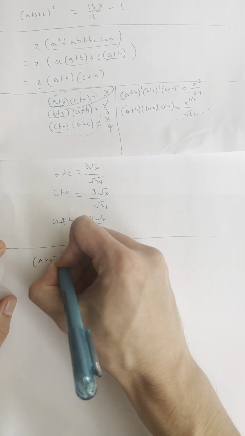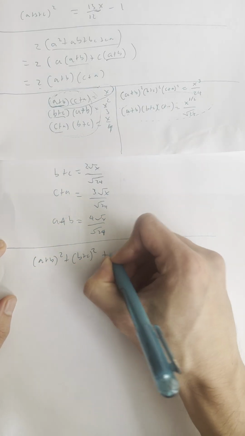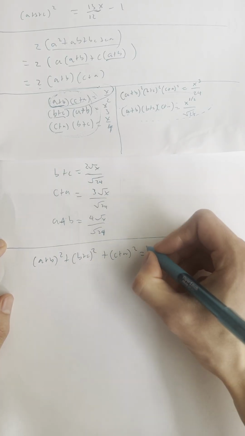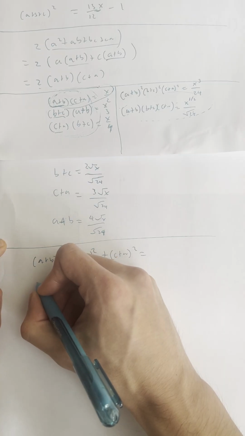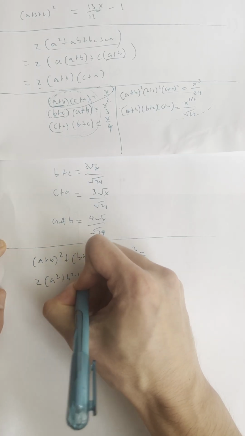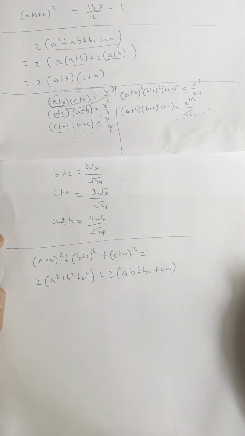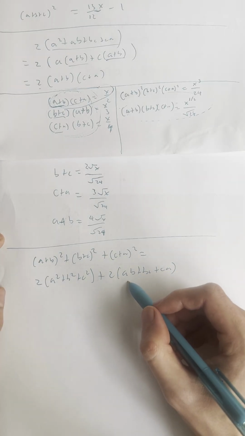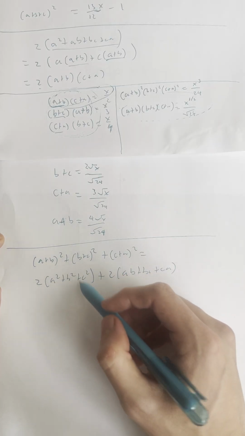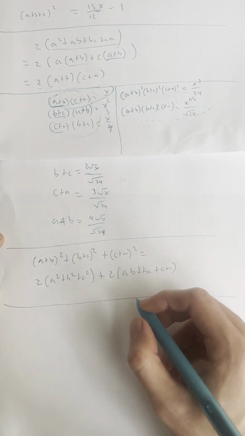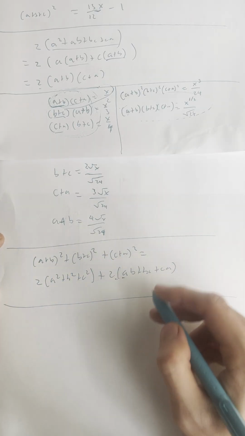So a plus b squared plus b plus c squared plus c plus a squared is equal to 2 times a squared plus b squared plus c squared plus 2 times ab plus bc plus ca. So basically, let's add 2 times ab plus bc plus ca to both sides of this equation.